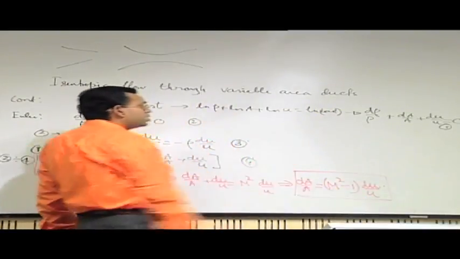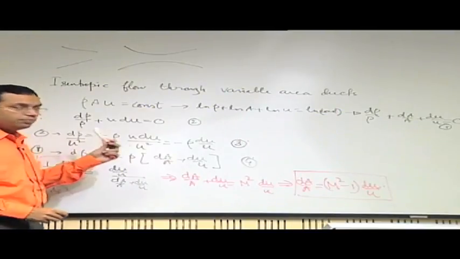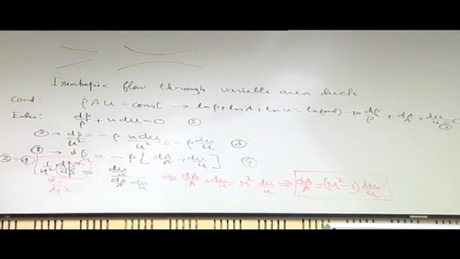This is the relationship that governs the change in area with change in velocity, and it is one of the very important physical relationships which we have to carefully study.